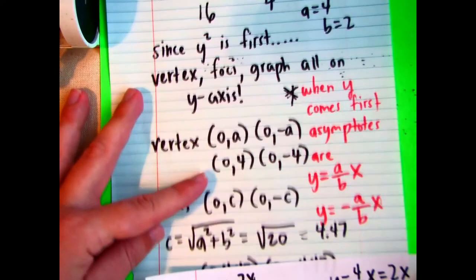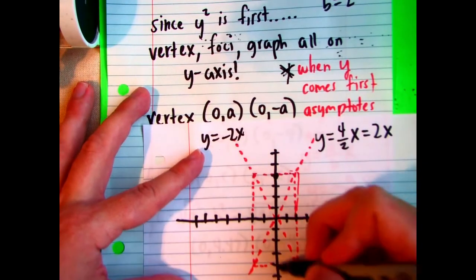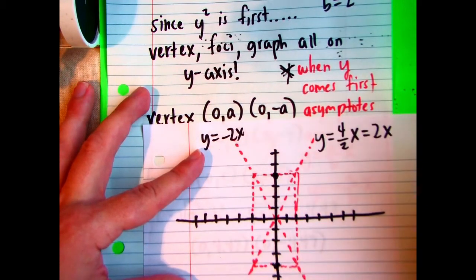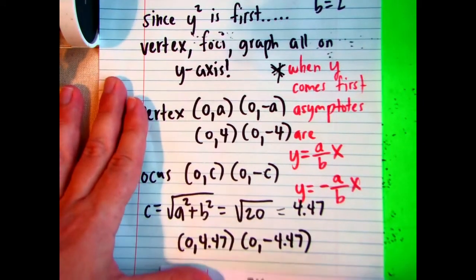The graph, the foci, and the vertices are all going to go through the y-axis. So now my hyperbola is going to open up and open down.